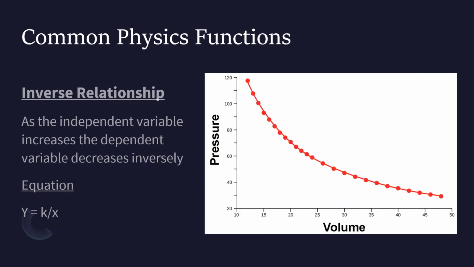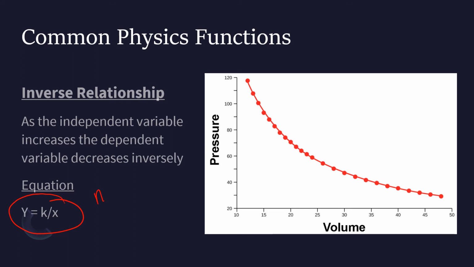Third one is going to be the inverse relationship. This is like your pressure volume graph that you created using the simulator. As the independent variable increases, the dependent variable is going to decrease inversely. So this is going to be graphed by the function y equals k over x. And the key with this function is it's never going to reach 0 and it's never going to hit the y-axis.